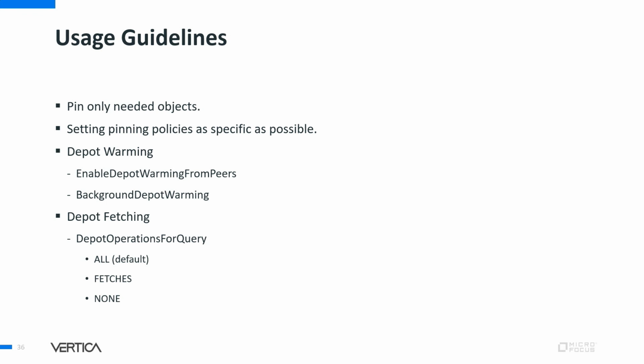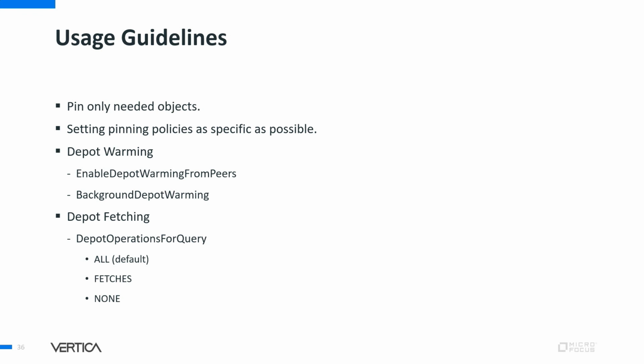Depot warming. Depot warming helps to ensure that newly added nodes do not negatively impact query performance. There is a parameter called enable depot warming from peers to enable or disable depot warming.